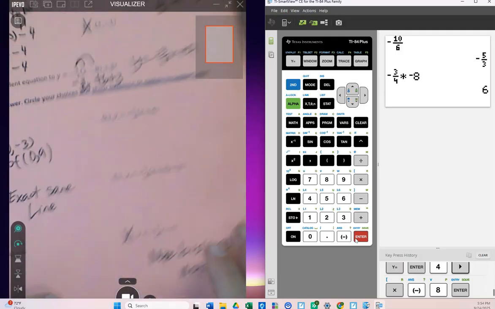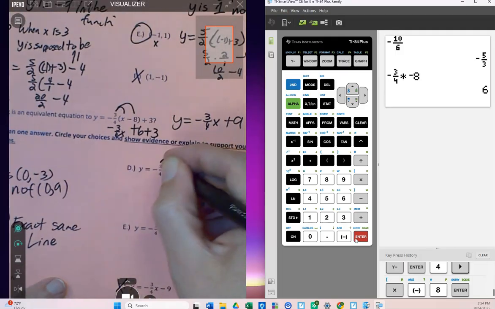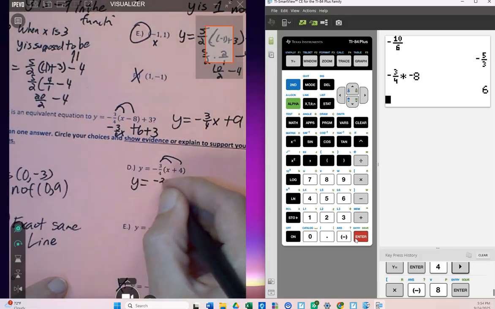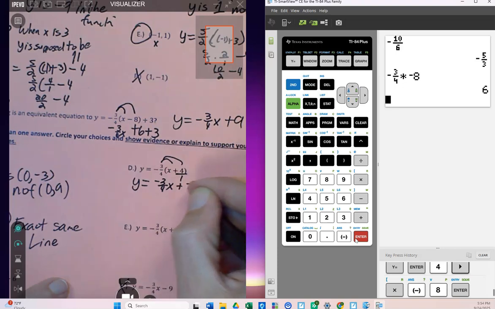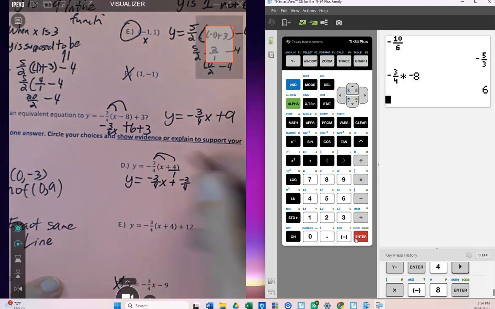All right, let's simplify this one. Distribute. All right, no calculator this time. I'll put a plus there, negative 3/4 times 4 over 1.